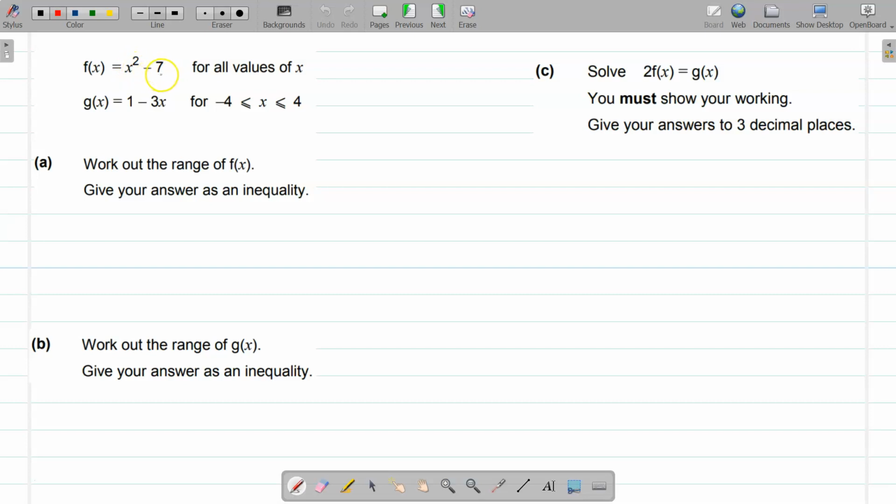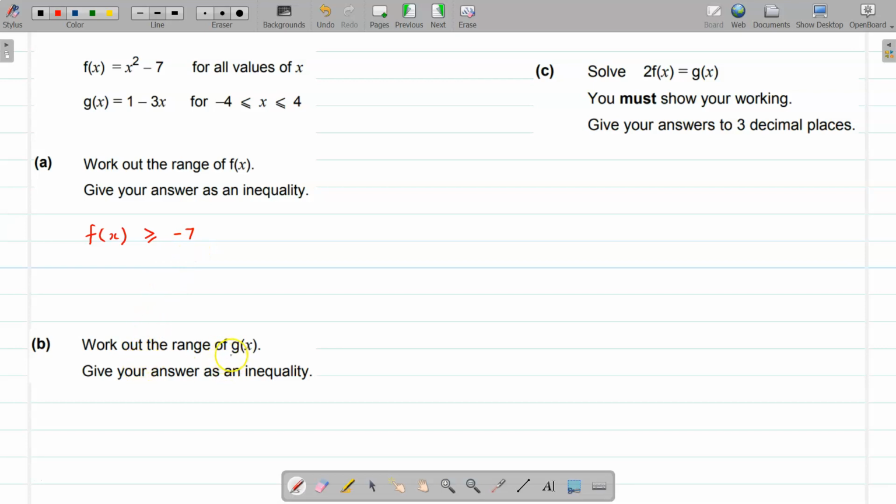And if you subtract 7, it means that the function here, f of x, can never be below negative 7. So all we need to say is that f of x is greater than or equal to negative 7. And that goes up to infinity, but you don't need to say that.